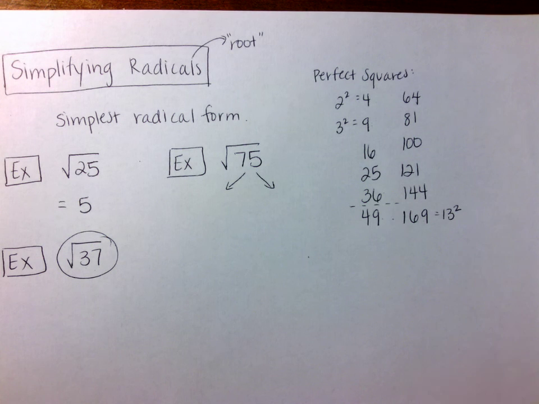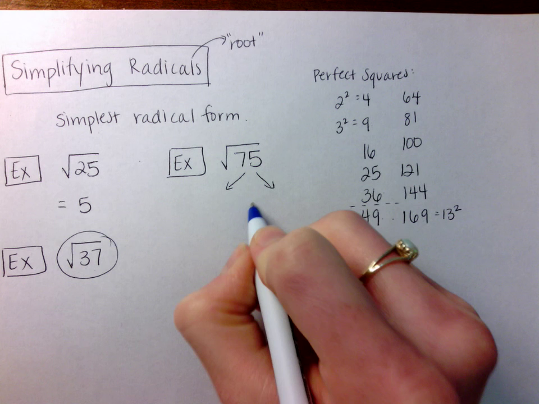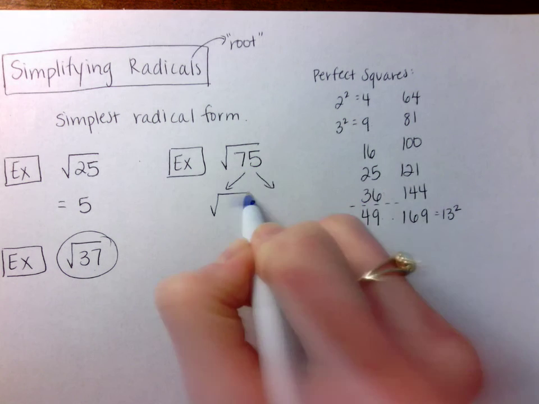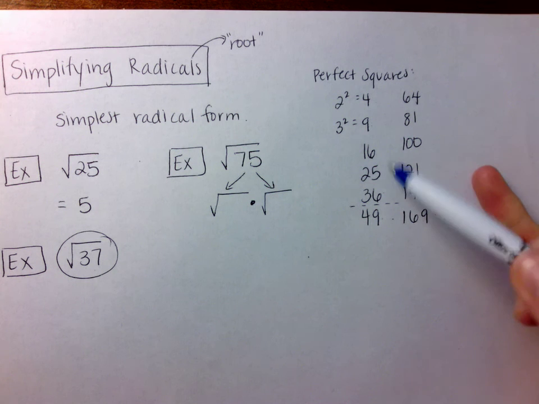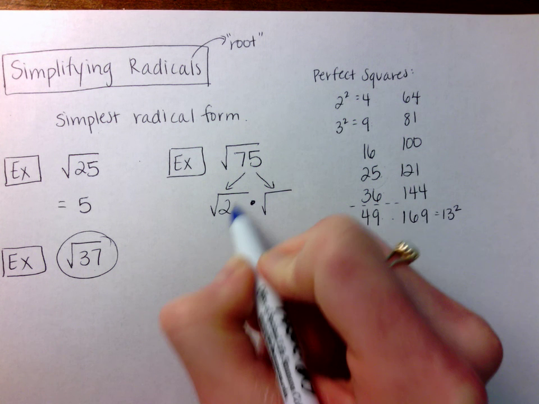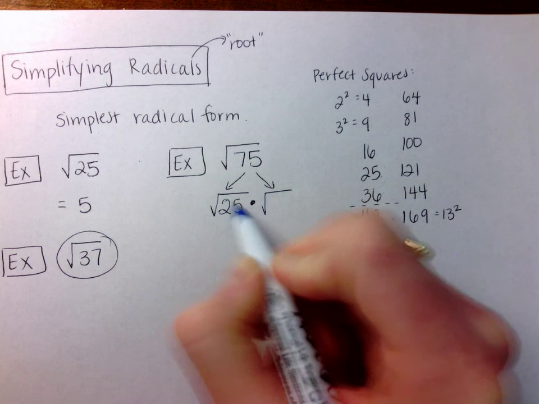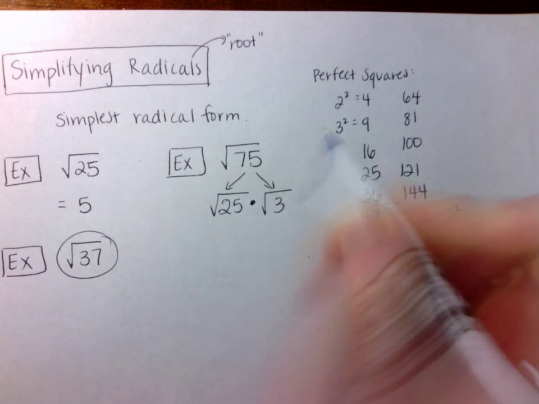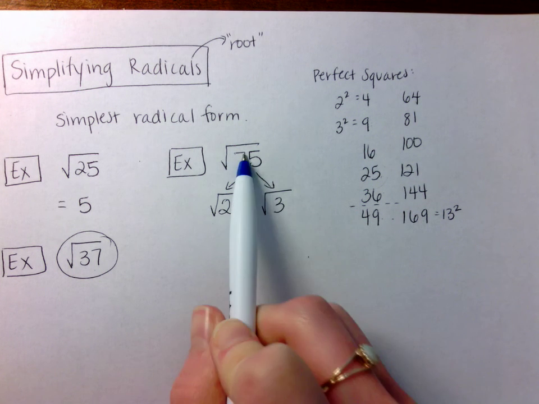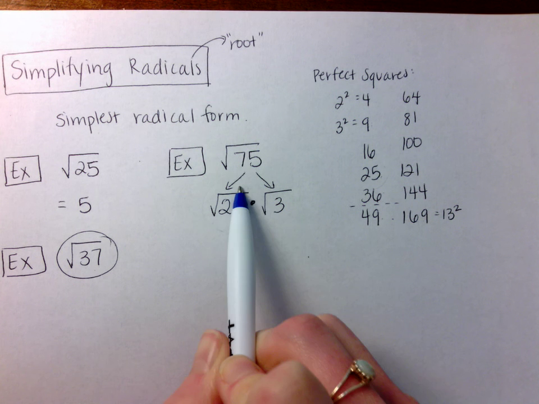So property of radicals is that you're allowed to split them and have a multiplication in between the two. So I'm looking over here and, oh, I think 25 goes into 75. So I usually put the perfect square that I'm splitting into first. So 25 times 3 made 75. So I split it into just 2 factors of 75 with the perfect square factor in the front.